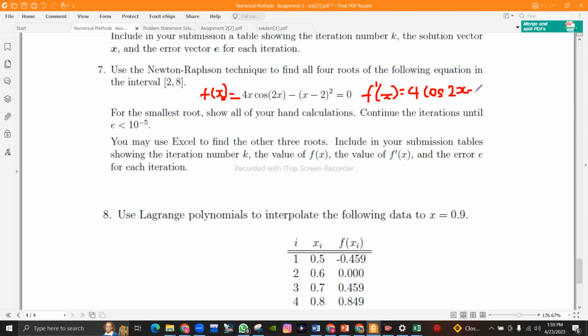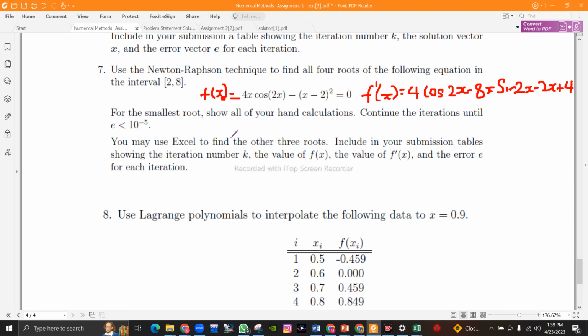So this is our differential and this is the function. So with that, we can do our first iteration.